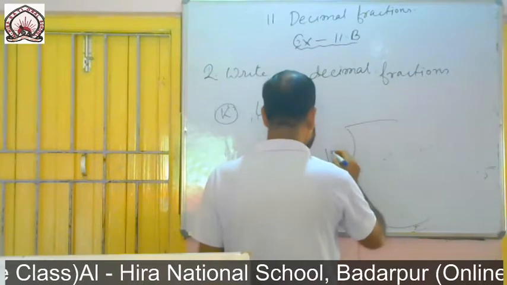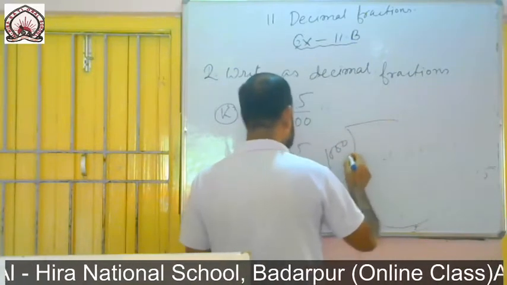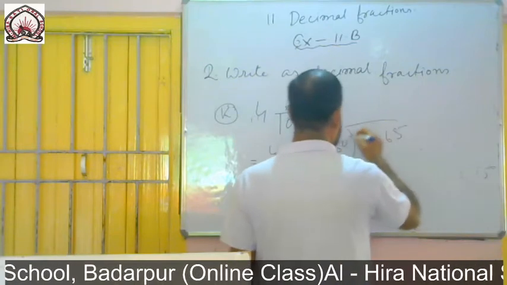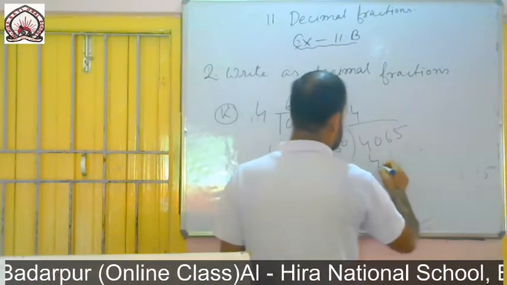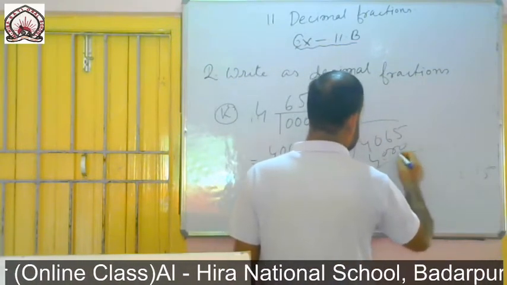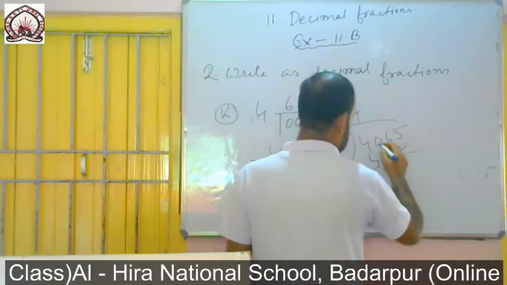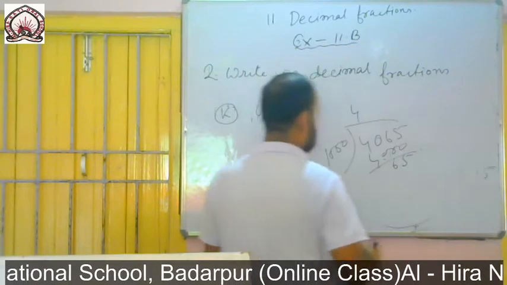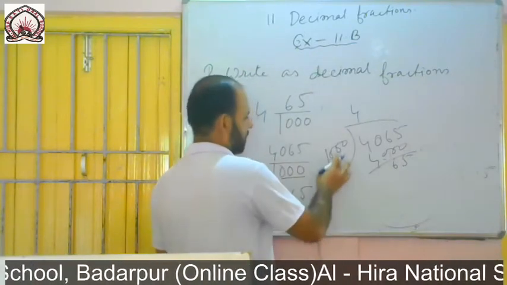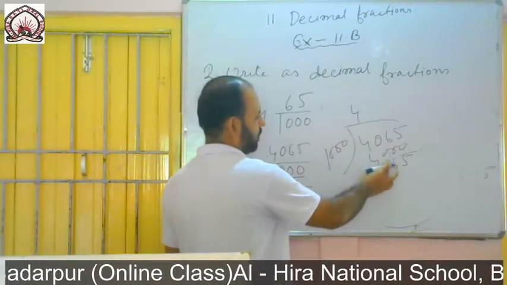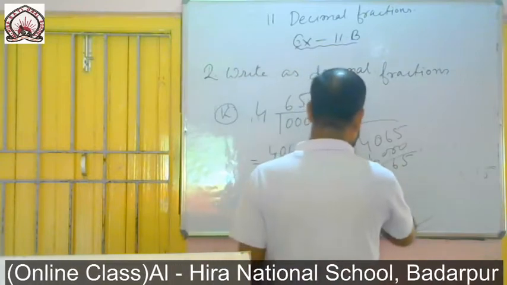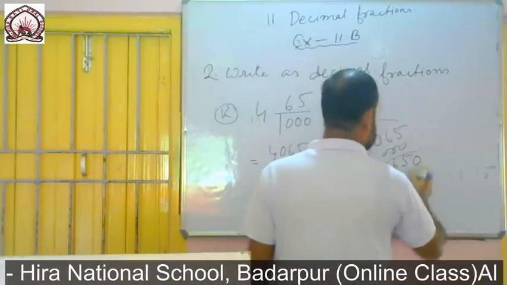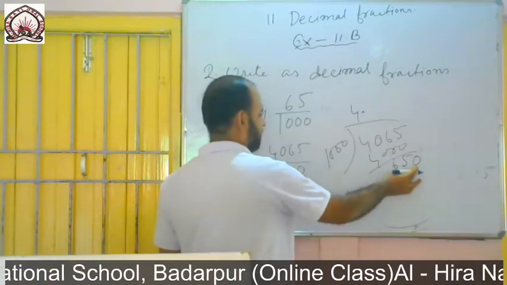If we divide, we also get the same answer. 4065 divided by 1000: 4 times 1000 is 4000, remainder 65. Not possible to divide, so we give a point and add a 0, then it is 650.